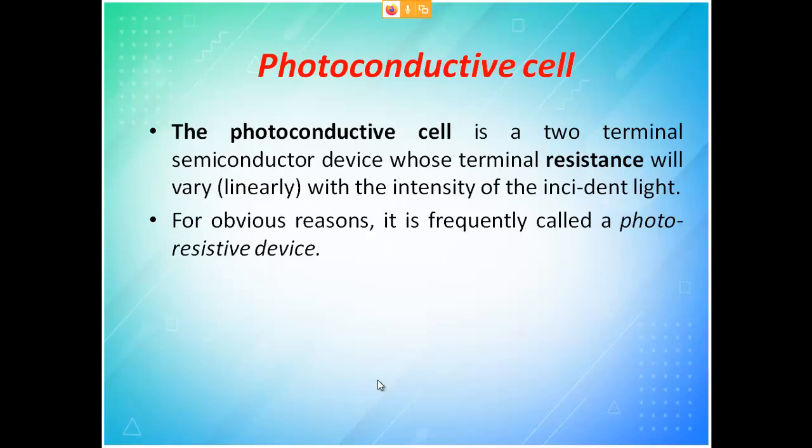There is only a small difference between photoconductive and photovoltaic. In photoconductive you take two semiconductors. When two semiconductors are brought together, I think you know there is some junction formed between these two layers.